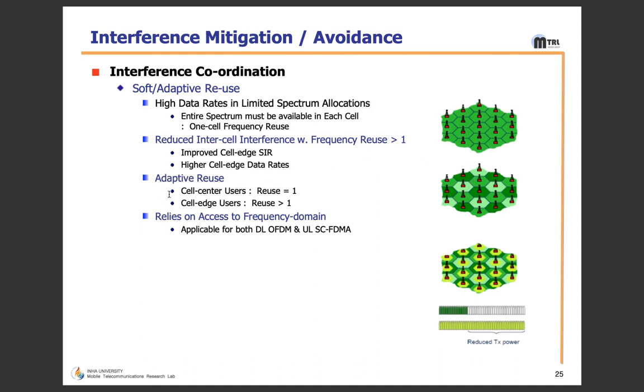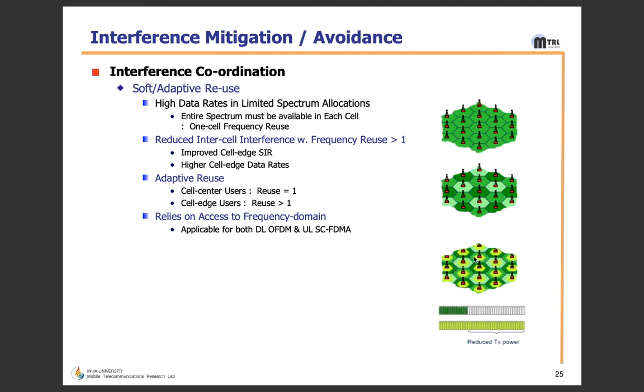And then we have a third case, which is adaptive reuse. In adaptive reuse, we are using a single frequency at the cell center, which you can see as the same yellow frequency used here and everywhere. At the center, it is the same frequency, but near the edges, the frequency is reused. For example, the green is not used anywhere in the neighbors, but it is used farther away, like here and here.